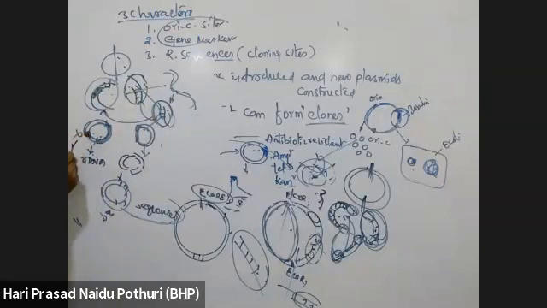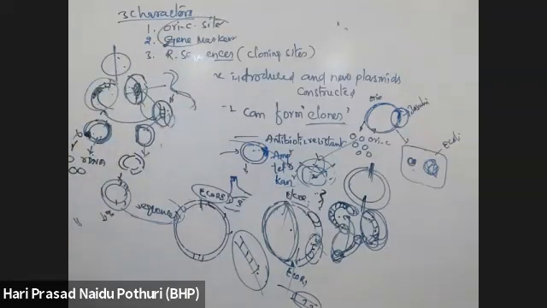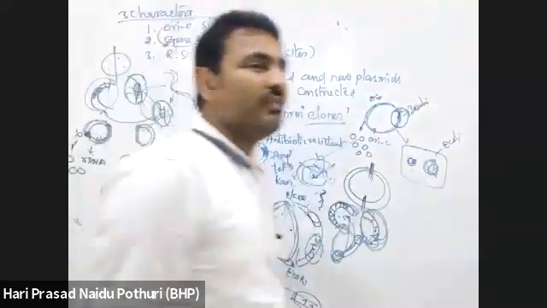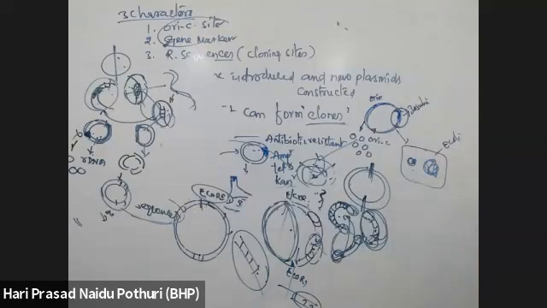If the ORC site is present, it is replicating. Okay, no problem. But this part has the gene marker. The gene marker is lost here. That means we cannot identify the transformant. A part of the plasmid is lost, meaning some useful characters are lost.